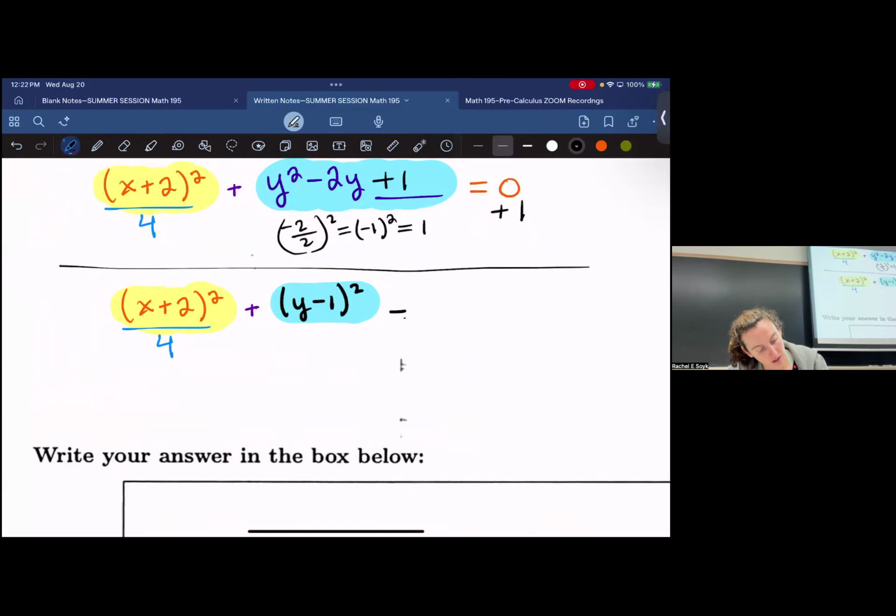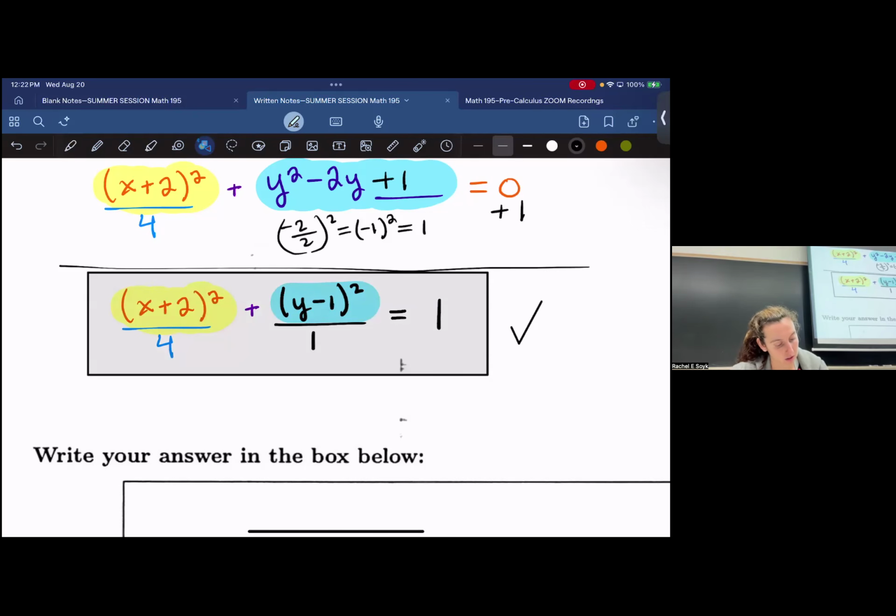And this is all equal to 1, which means the denominator with our y minus 1 is just 1. And is it officially in our standard equation format for an ellipse? It is indeed.